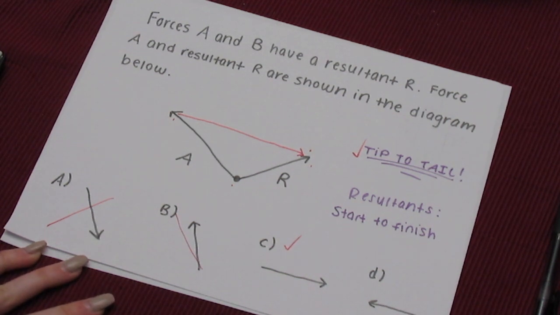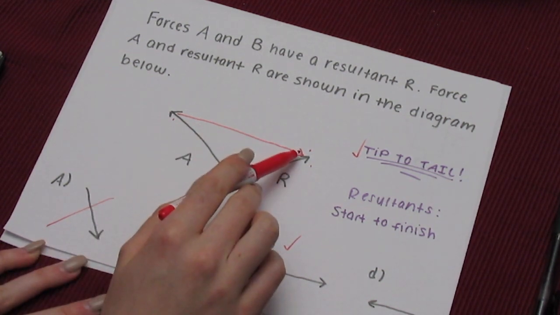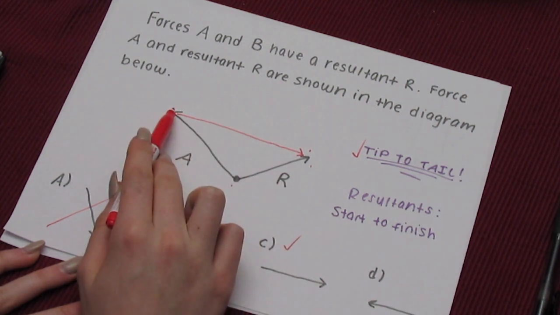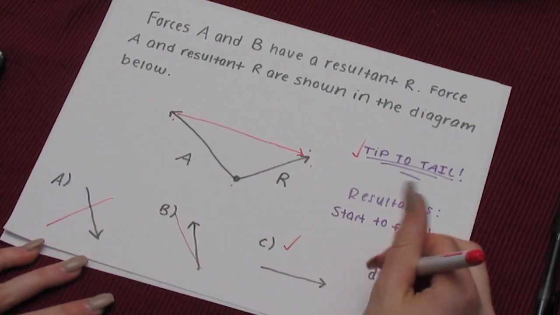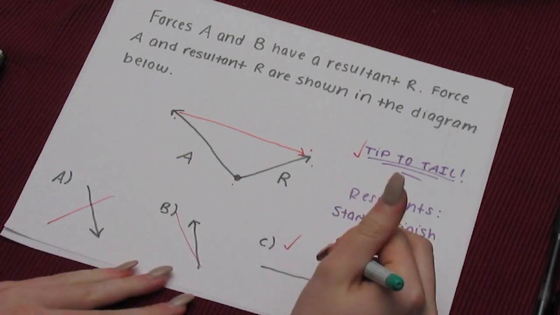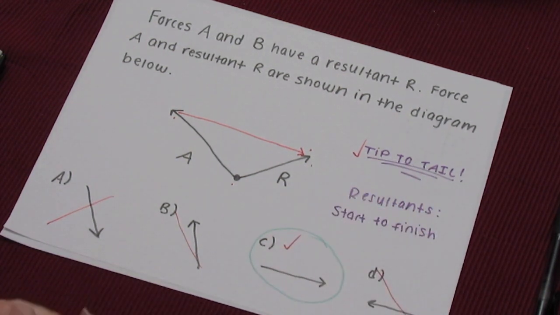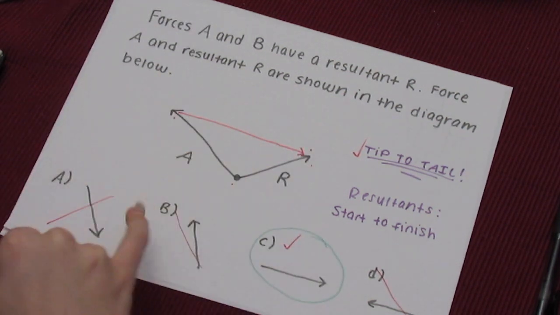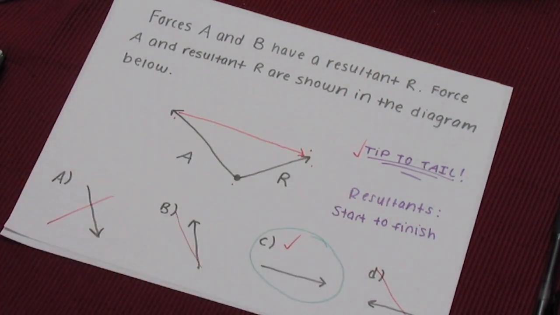Now D is drawn from right to left. So if you have it from right to left, it goes from tail to tail, and that doesn't work. So this is wrong. So your answer for this question is C. C is drawn from tip to tail, and it ends where the resultant ends from start to finish.